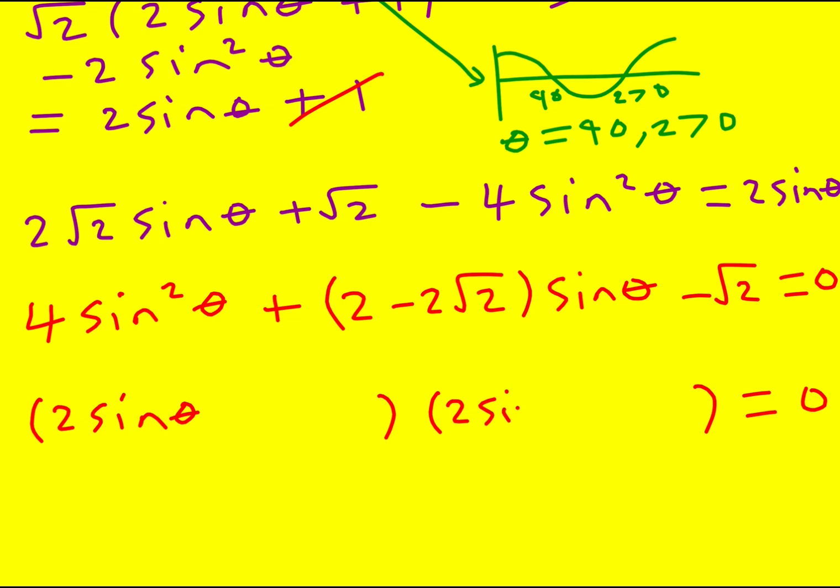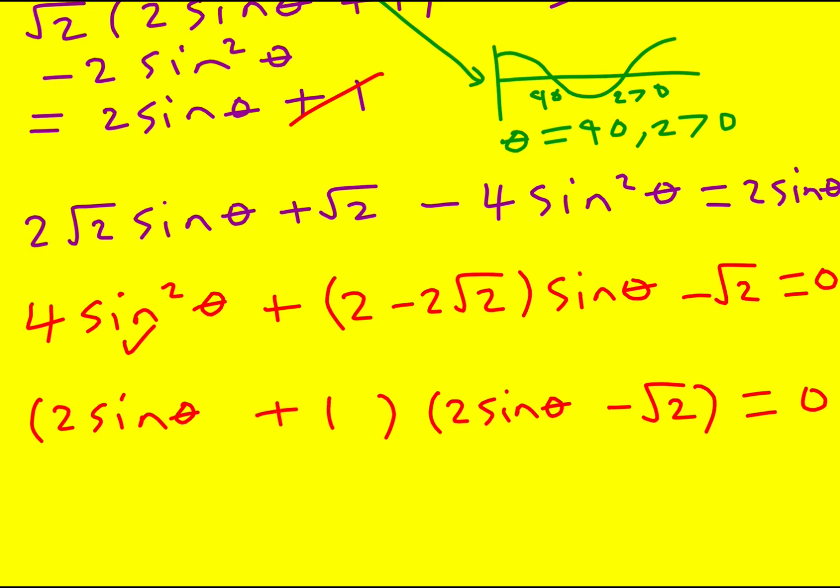For these sorts of things, I tend to just use the trial and error method, just see what works. So that will give us 4 sine squared theta, and then we need a minus root 2, and we times these two together. So let's go with we need a minus root 2, because now we'll get minus 2 root 2 sine theta, so that's brilliant.